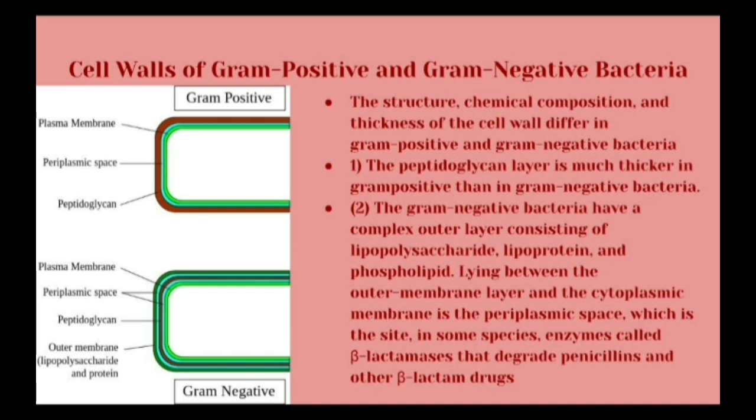Gram negative has a complex outer layer which consists of lipopolysaccharides, lipoproteins, and phospholipids. Between the outer membrane and the cytoplasmic membrane, there is a periplasmic space, which in some species consists of beta lactamases which degrade penicillin and other beta lactam drugs, making the bacteria resistant to penicillin.